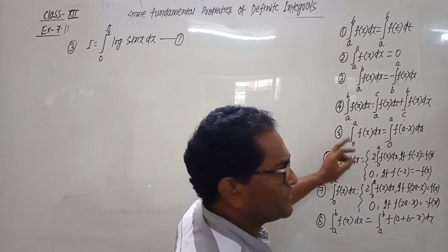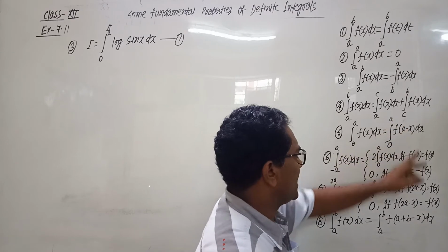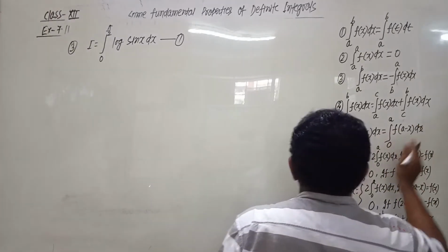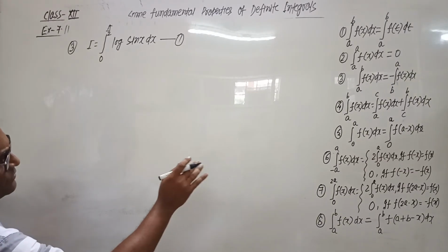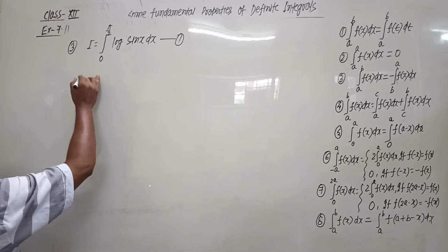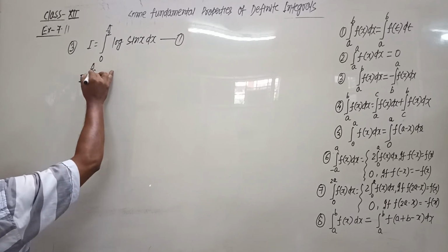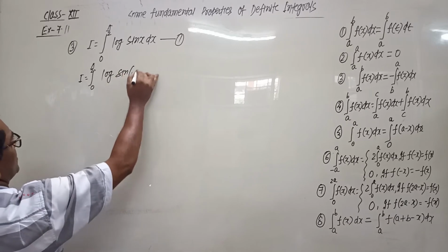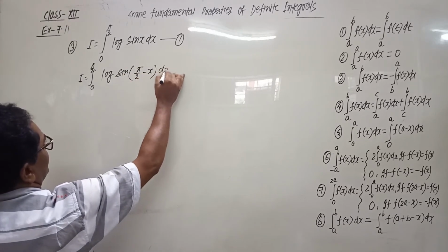Property number 5. From 0 to a f(x) dx equals to 0 to a f of a minus x. We used property number 5. So I equals to integration limit 0 to pi by 2 log sin, and at the place of x we will write pi by 2 minus x and dx.